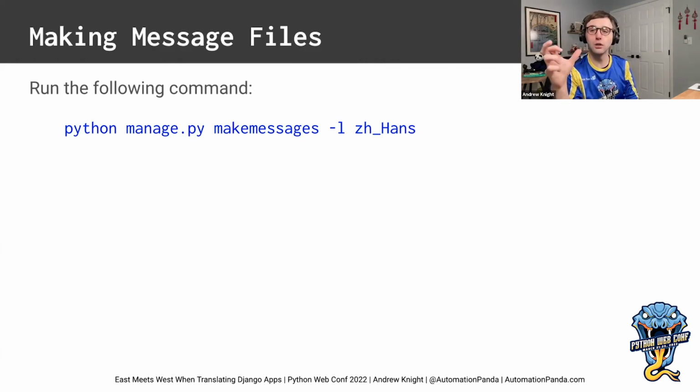So Zhongguo, ZH. Now you might be wondering what Hans is. The Han, as in Han Dynasty, Han China, Han script, that's the name of the characters. And the S is for simplified, versus Hant, which would be traditional.